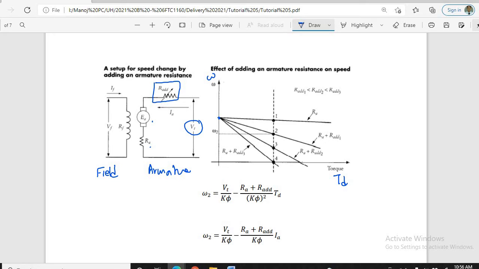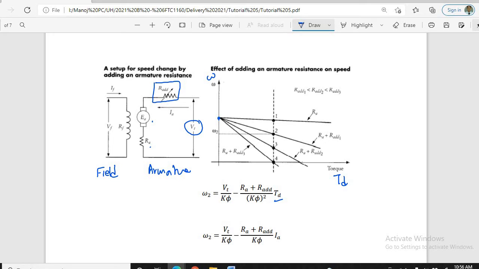This is the value when the torque TD is equal to 0. When TD is equal to 0, the omega value is the value in here.